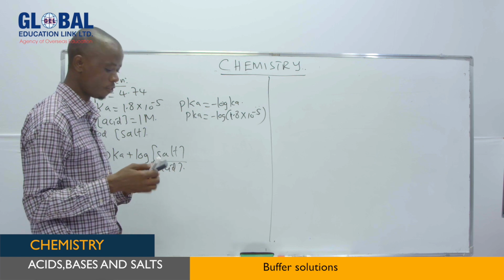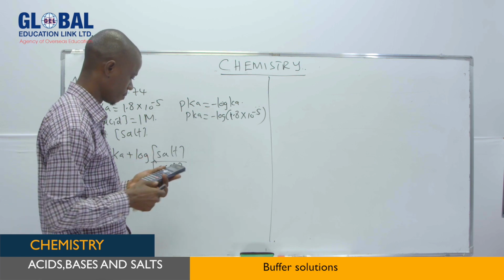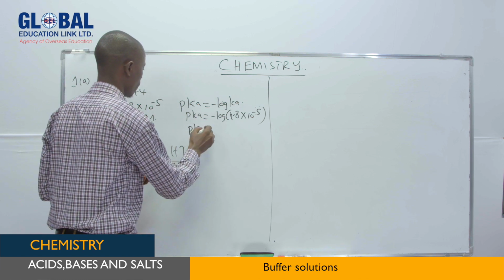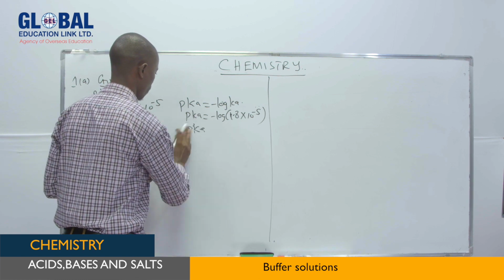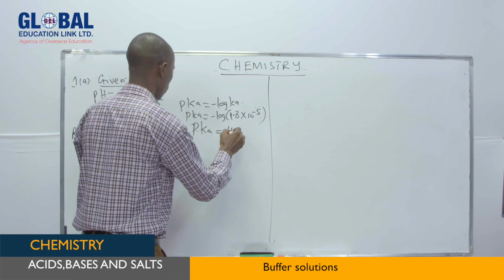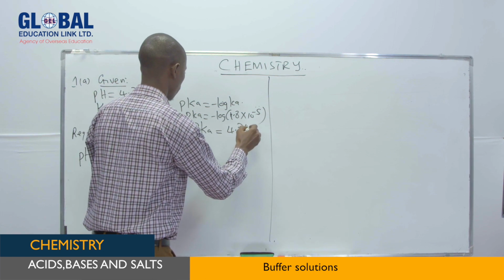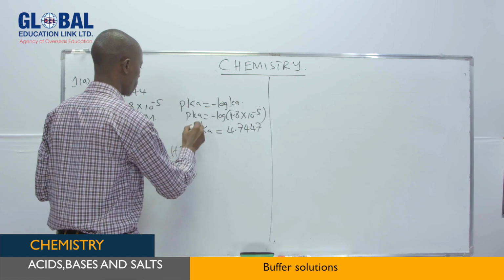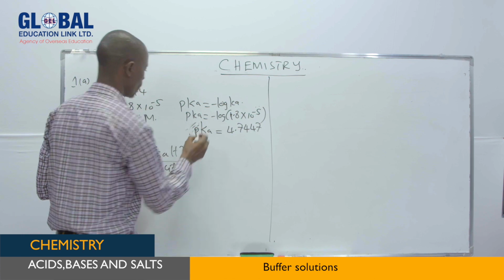There you're going to get the following answer. You're going to get pKa is equal to 4.7447. This is pKa.